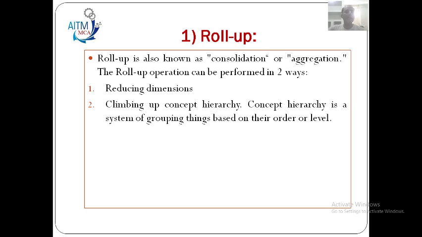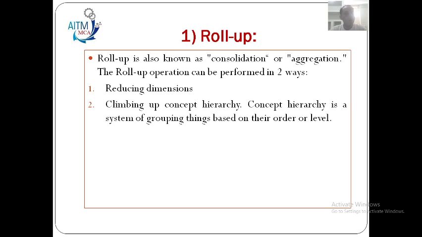Here I am not interested in a particular semester or subject marks. So when you do the roll-up operation, you will get the consolidated or aggregated result. The roll-up operation can be performed in two ways.